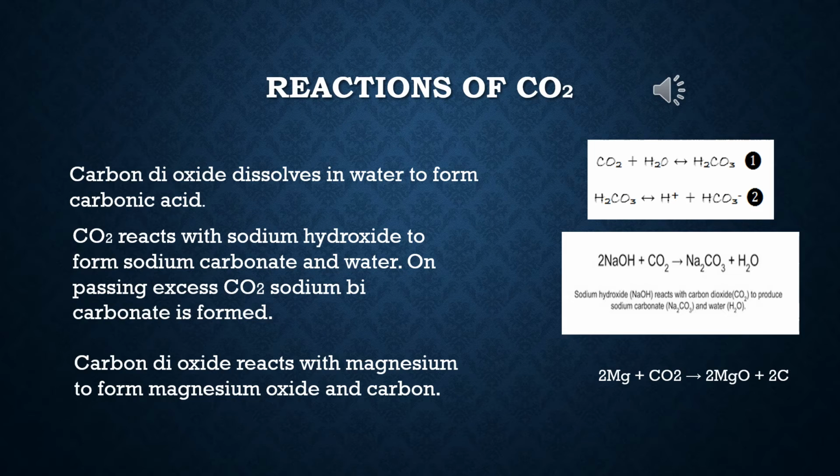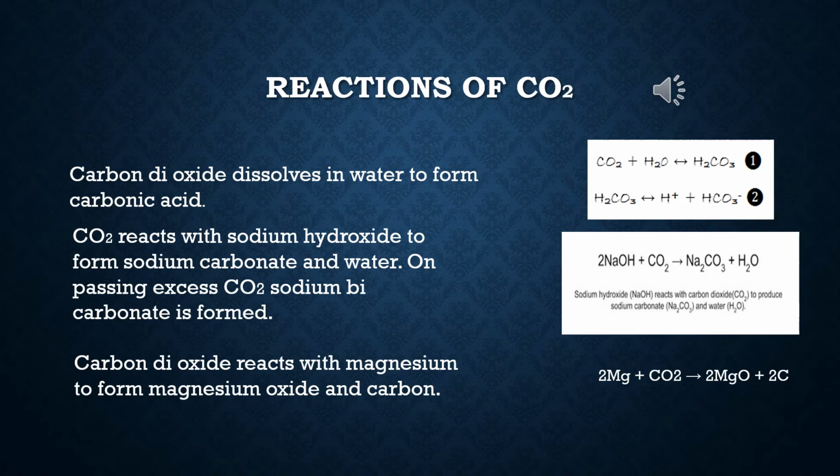Magnesium ribbon is found to continue burning instead of extinguishing. After completion of burning, white magnesium oxide and black carbon particles are found at the bottom of the gas jar. That means magnesium and carbon dioxide react to form white magnesium oxide and black carbon.